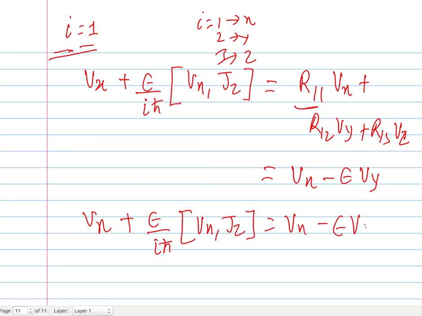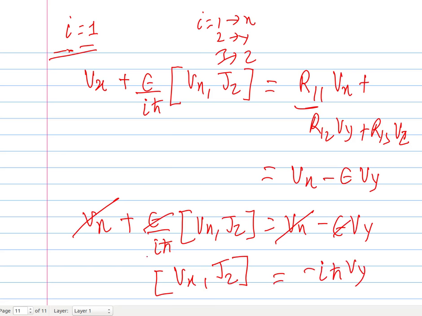And Vx gets cancelled, and epsilon will get cancelled, and from here I get Vx commutation with Jz equal to minus i h bar Vy.